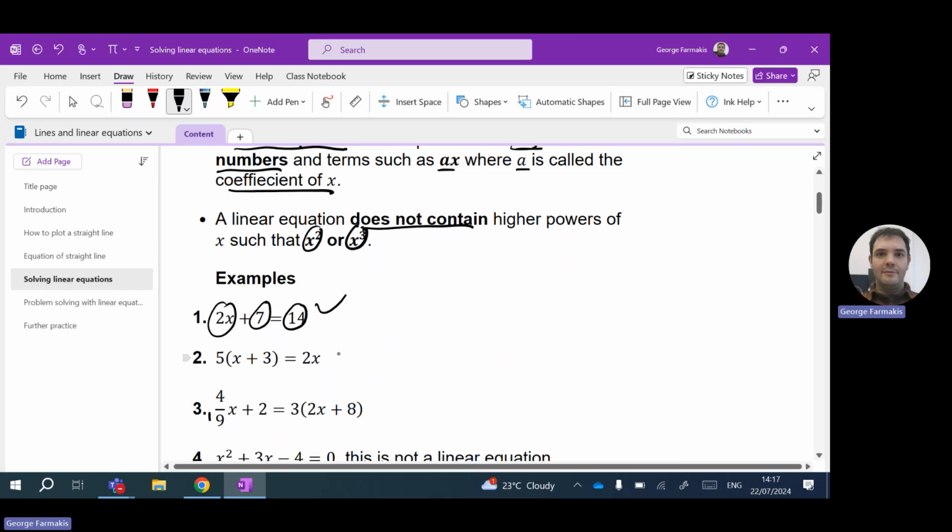This is another one. We have only constants and terms of the form ax. Similar here, 4 over 9 is a coefficient for x, 2 is a constant, 3 times 2x would be 6x, plus 3 times 8 would be another constant. So this is also linear.